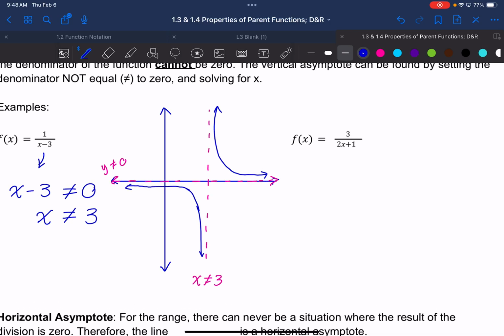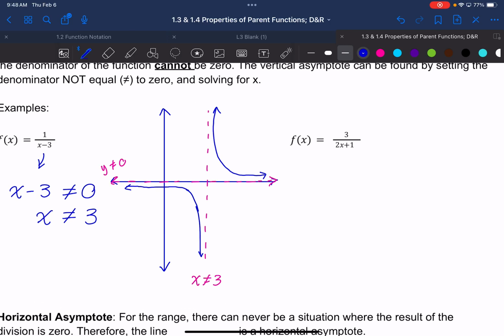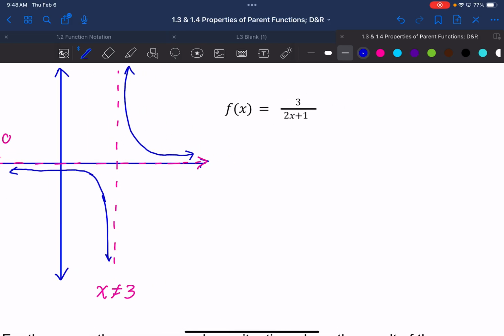Right? What about the second one? What value of x would make that denominator equal to 0? 2 times something plus 1 would be 0. So even try and treat it algebraically, like, okay, 2x plus 1 can't be 0. If I'm thinking about isolating x, what's the first thing I can move in that expression?